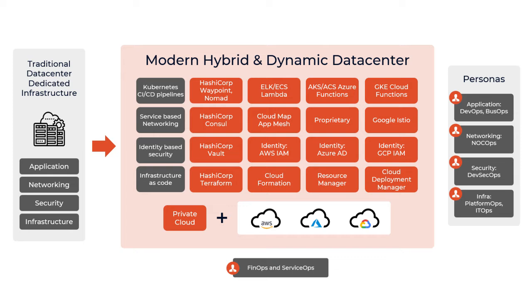The services then talk among themselves using service meshes and sidecar proxies. The application layer, which used to be tied to dedicated infrastructure, is now evolving into microservices and is increasingly being deployed with Kubernetes.